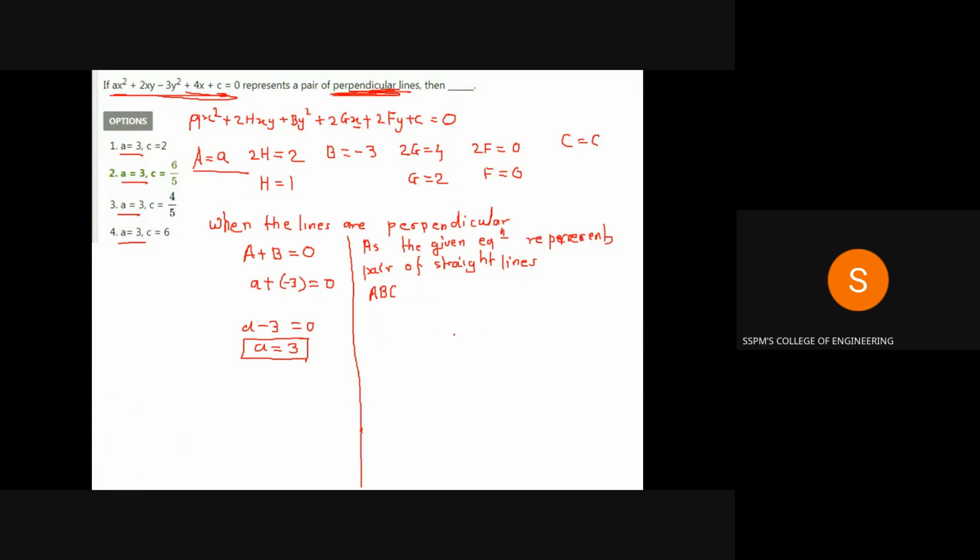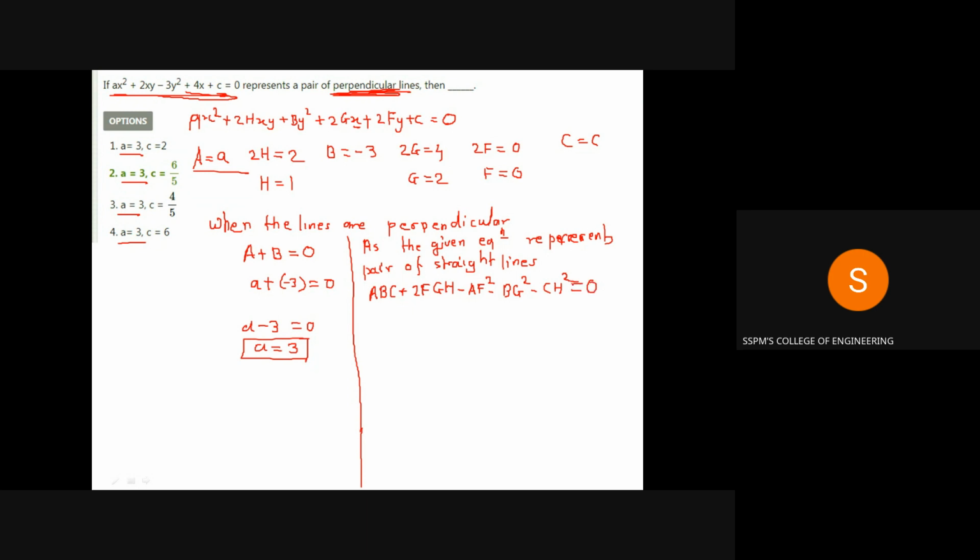So the formula is ABC plus 2FGH minus AF square minus BG square minus CH square is equal to 0.